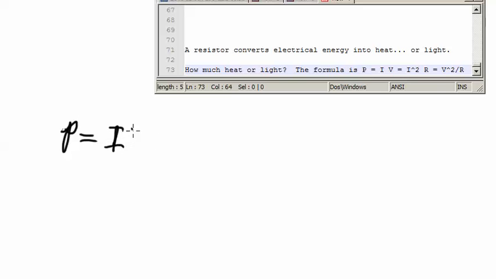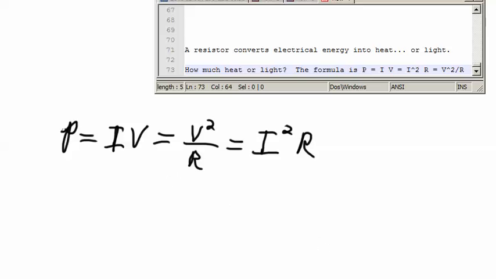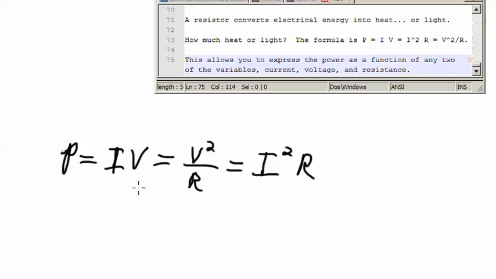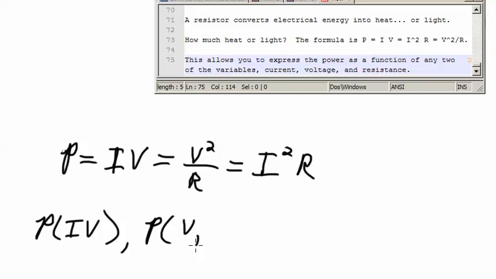Power is current times voltage, which is also equal to the voltage squared over the resistance, which is equal to the current squared times the resistance. This allows you to express the power in terms of any two of the variables: current, voltage, and resistance.